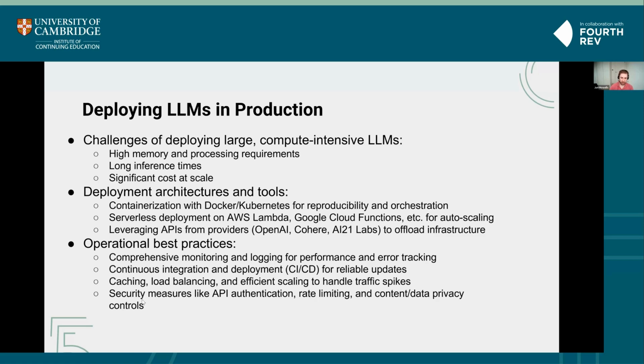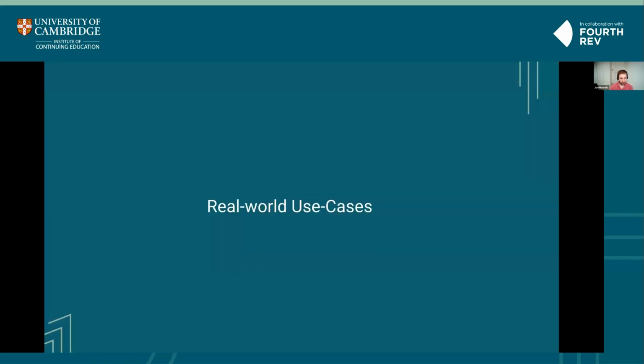Obviously this is more on the software side, but having authentication and rate limits so users aren't hammering your API and racking up cost that you're going to have to pay for. But also some of those content controls and guardrails that we mentioned, because with large language models, people may try and get outputs that you don't want. So having content controls and data privacy controls around that is important.